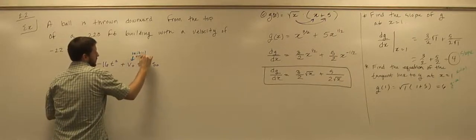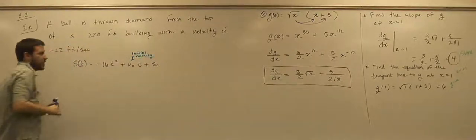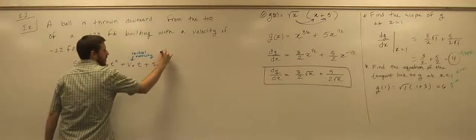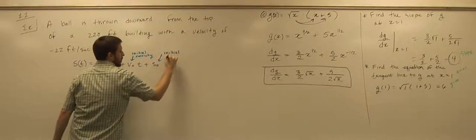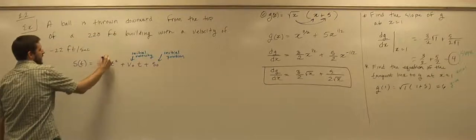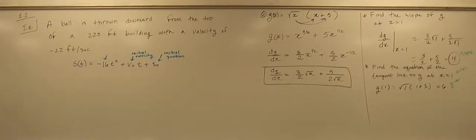I won't make you memorize it. If I ever want you to use it, I'll certainly give it to you. The acceleration is actually in this factor here. This is the acceleration divided by 2.